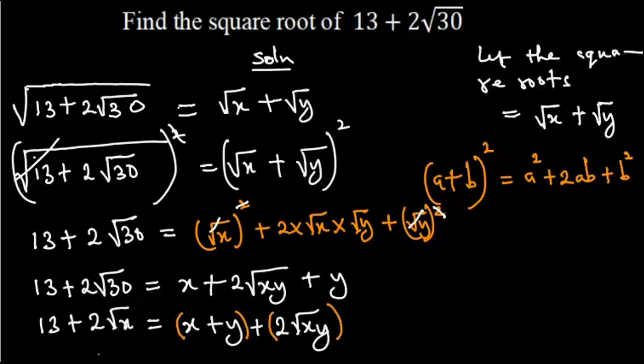So like this we can compare, so you can see that 13 goes for this, and let me change this color, and then 2 root 30 goes for this. So let's have it that way.